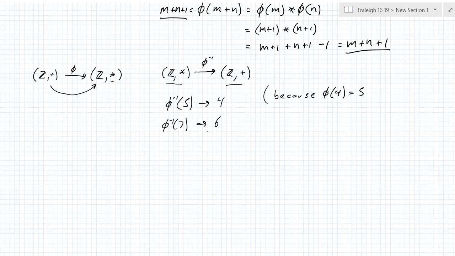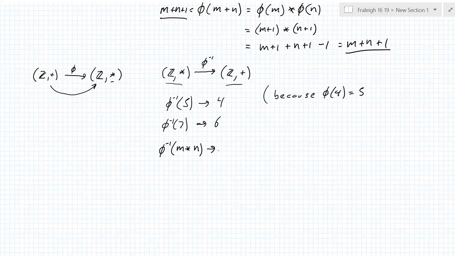And now I'm going to skip a few steps here, because I think if you got the first part of 16, you'll understand the second part. And I'm just going to consider phi inverse of m star n, and that will be what?